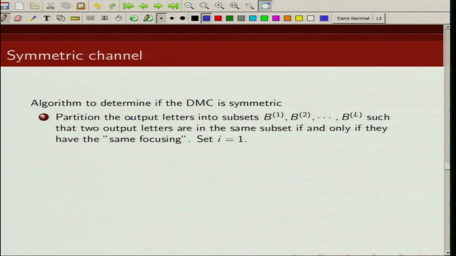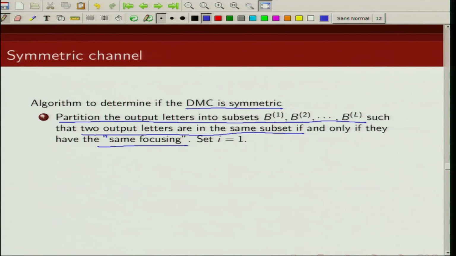We are describing the algorithm to determine whether a discrete memoryless channel is a symmetric channel or not, and a symmetric channel can be partitioned into strongly symmetric channels. The first step is to partition the output letters into subsets B1, B2, ..., BL such that two output letters are in the same subset if and only if they have the same focusing.